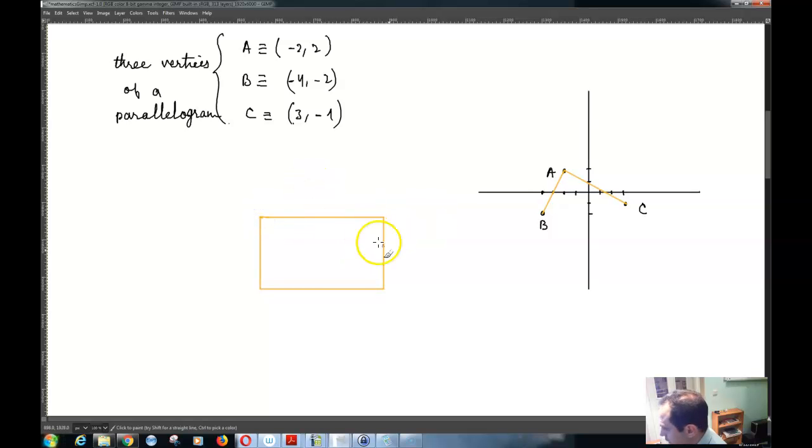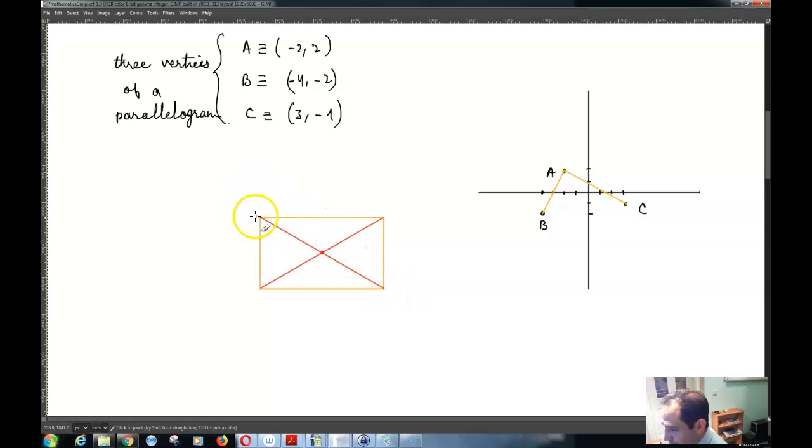The diagonals of a parallelogram bisect each other, meaning that the intersection of the diagonals is the midpoint of both the diagonals.